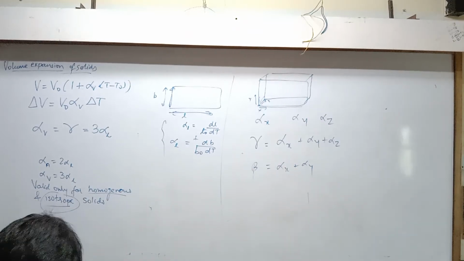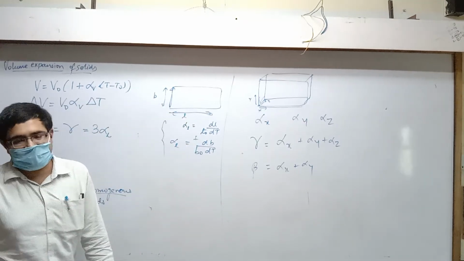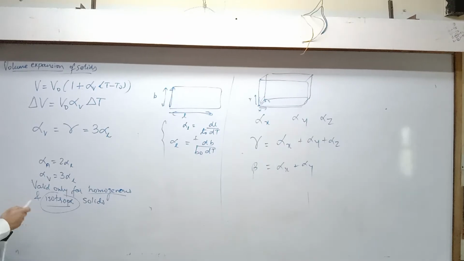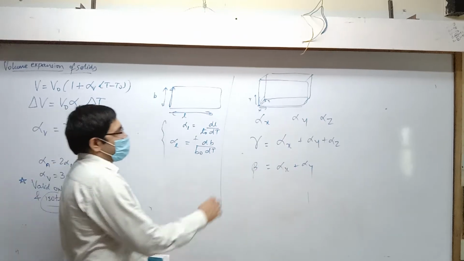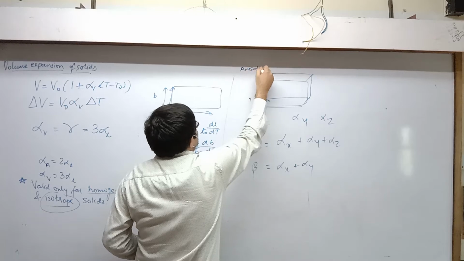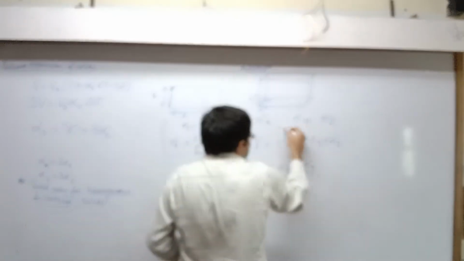Listen up. I need a note here. This is only valid for this. And this is what's going to happen in anisotropy, that is, if the three coefficients are different in x, y, and z.